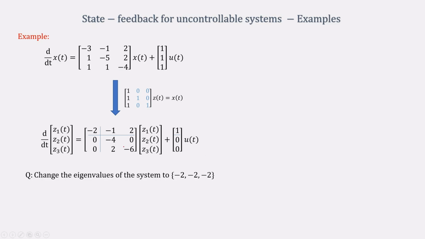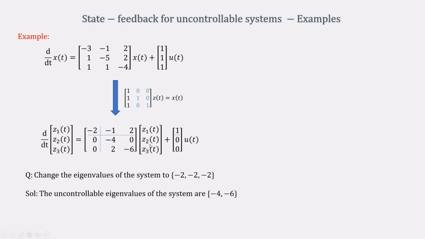Just by looking at this matrix I can tell, because the union of the eigenvalues of these blocks will be the eigenvalues of the state matrix. The eigenvalue of this part is -2, and this part you can see is a lower triangular matrix. An upper triangular, lower triangular or diagonal matrix has eigenvalues as the diagonal elements. So, here -4 and -6 are the diagonal elements.